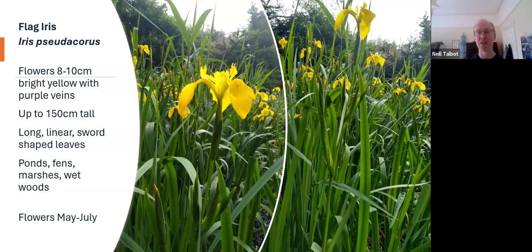They have narrow linear leaves with just parallel veins, and the veins don't branch out in a network. An example of this is the flag iris. Other examples are sedges, grasses and rushes.